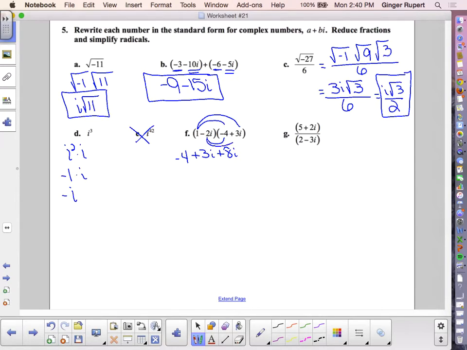And then negative 2i times 3i gives me negative 6i squared. Remember, i squared is equal to negative 1. So anywhere I see an i squared, I will substitute in that negative 1. And I'll combine like terms here, so it becomes negative 6 times negative 1. That becomes a positive 6, so the answer becomes 2 plus 11i.